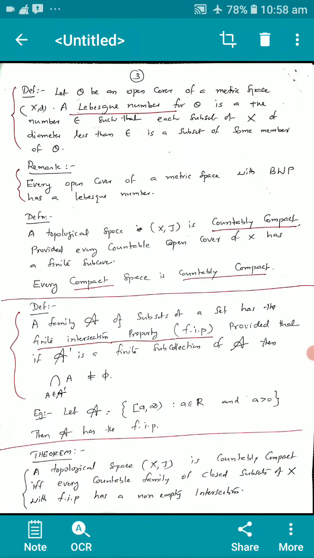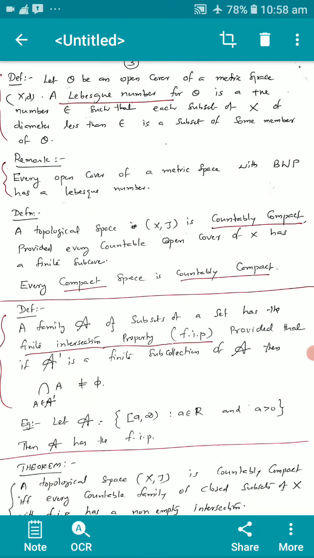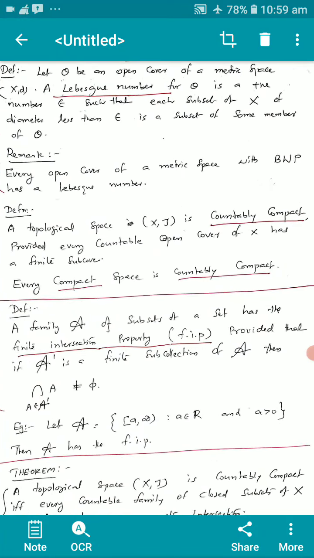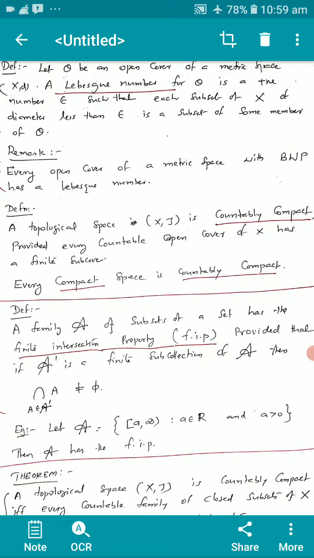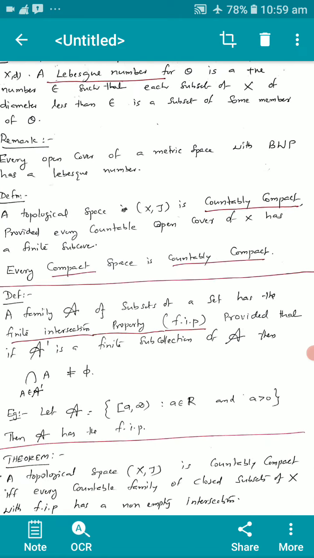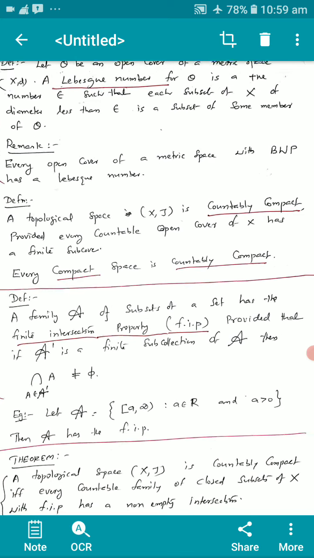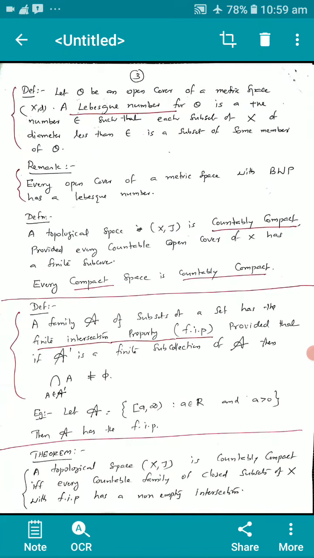That is the definition of the Lebesgue number. One remark is given: every open cover of a metric space with the Bolzano-Weierstrass property has a Lebesgue number.